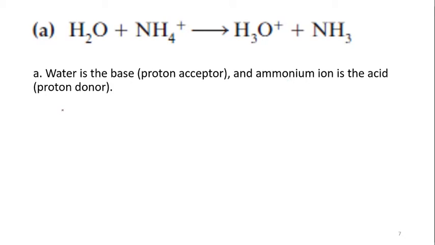As for the first one, I have written here that water would be the base, because it will accept a proton, and ammonia will be the acid because it will be the proton donor. But let me show you why I assumed that.